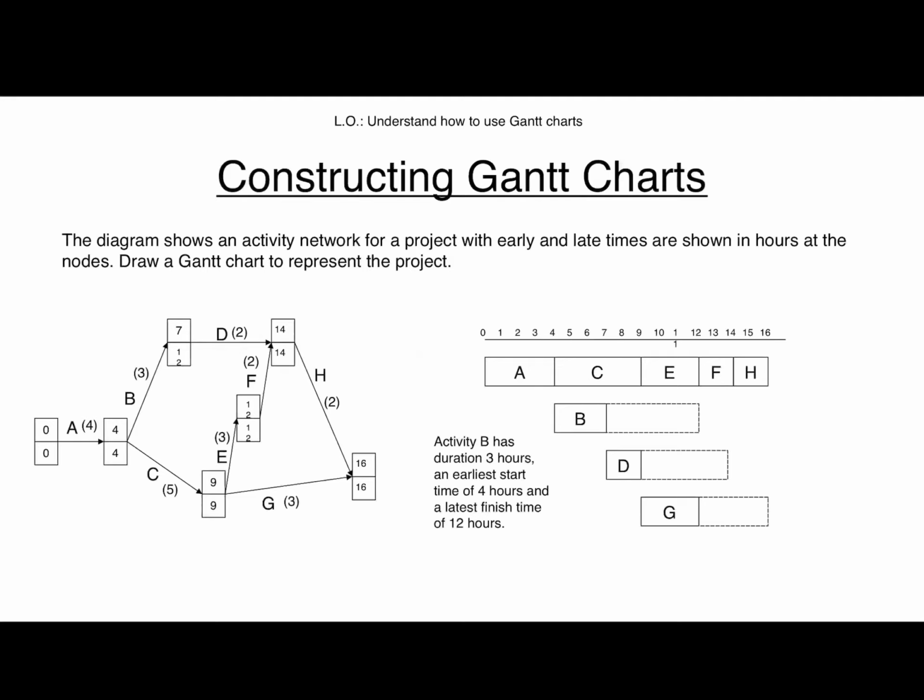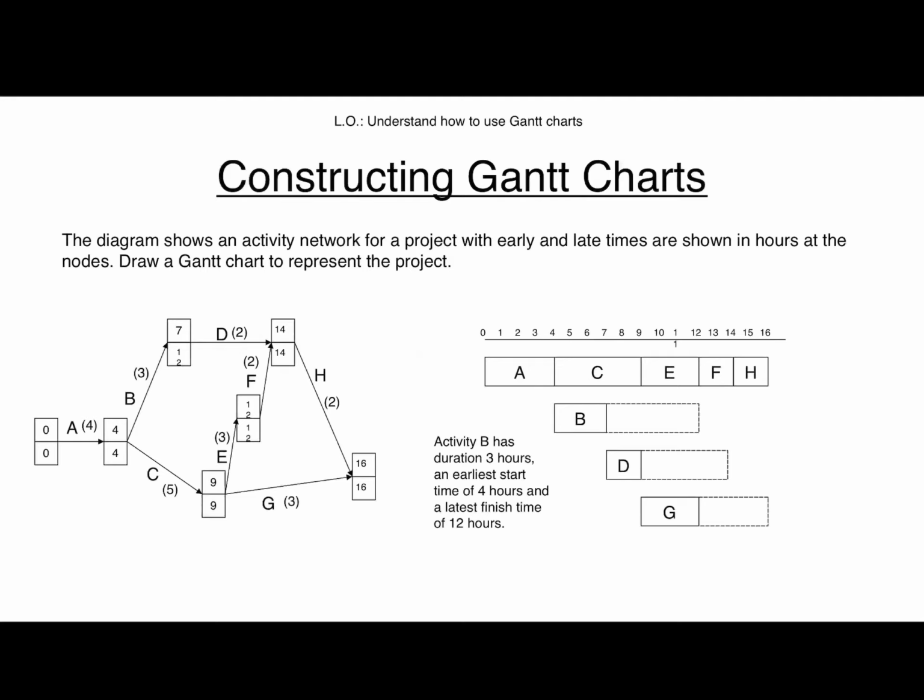So if we start at the beginning of the diagram and move from left to right, we can see that A is a critical activity for two reasons. One, it is between two vertices with the same early and late event times, so 0, 0 and 4, 4, and the float of activity A is 0. And if you can remember what float was, check out last lesson.